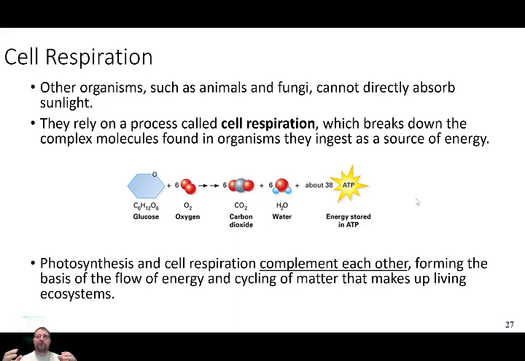photosynthesis and cellular respiration, you can think of them as a giant cycle, a giant circle. Photosynthesis feeds cellular respiration. Photosynthesis is how those carbohydrates, those glucose molecules, are being formed. Okay? So photosynthesis is creating those potential energy chemical bonds.